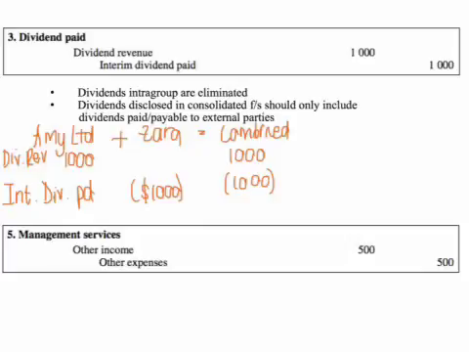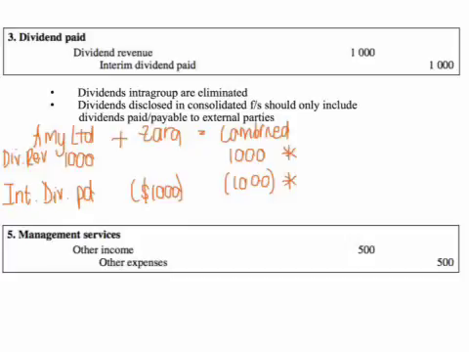So our retained earnings is not going to change with the adjustment entry that we pass. However, from a group perspective, our dividend revenue is overstated by $1,000, and our interim dividend paid is overstated by $1,000.